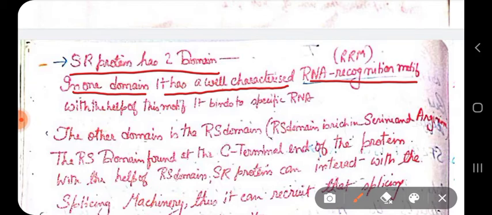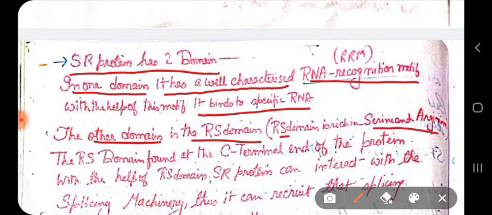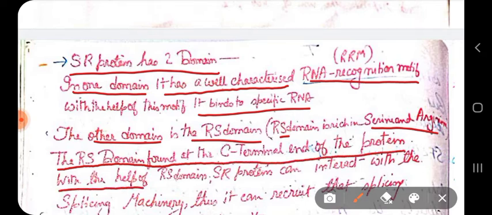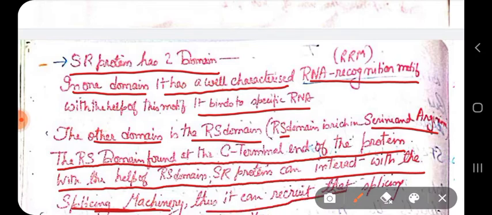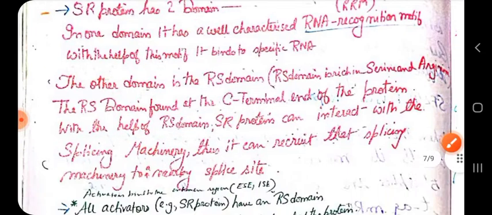With the help of this important functional region, SR proteins recognize specific RNA sequences and bind to specific RNA sites. The other domain of the SR protein is the RS domain, which is a serine arginine rich domain. This RS domain is found at the C terminal of the SR protein. With its help, SR proteins can interact with the splicing machinery and thus recruit it to those splicing sites.